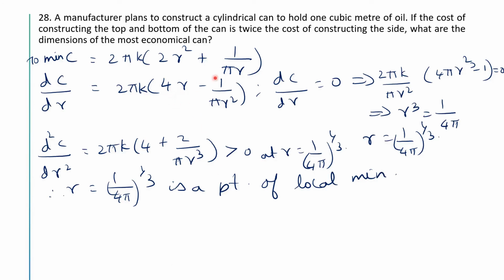So here they have asked what are the dimensions of the most economical can. So we have got r as 1 by 4 pi the whole raised to 1 by 3. H we have taken as 1 by pi r square. Now we can find h.